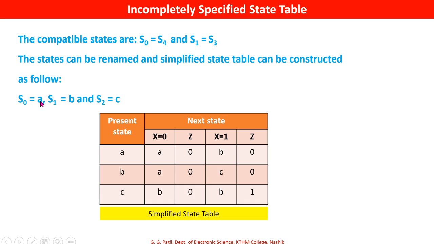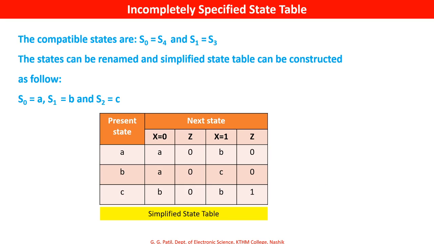Here S0 is renamed as A, S1 is renamed as B. Once it is done, you get the modified state table. In this, the two states S4 and S3 get eliminated, and the remaining states are renamed as A, B.